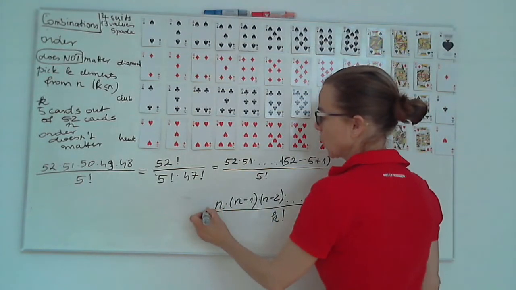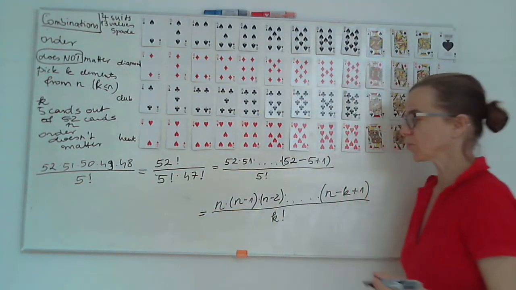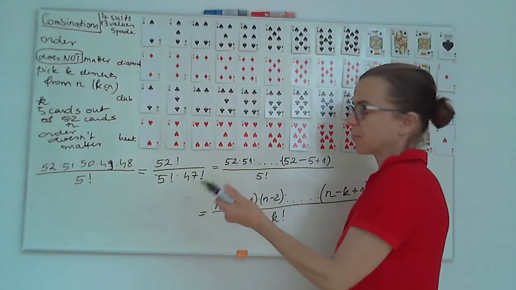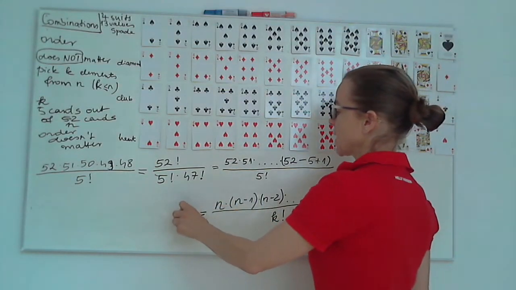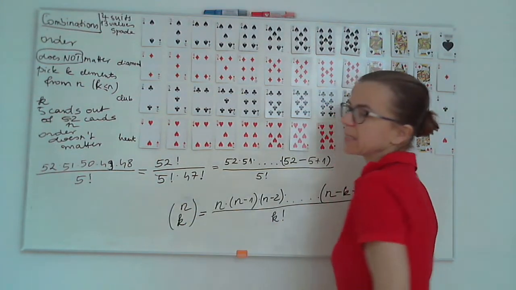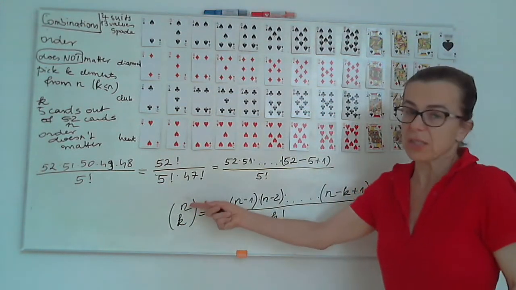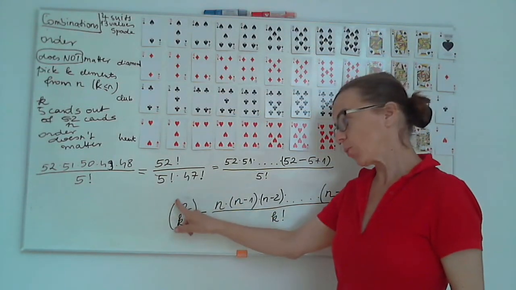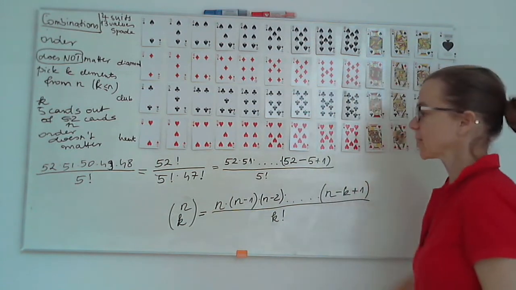There's a notation for this, but it's quite long, and we don't want to write it up all the time. That's called N choose K, which is quite a telling name in English, because you actually did that. You chose from N objects, K objects.